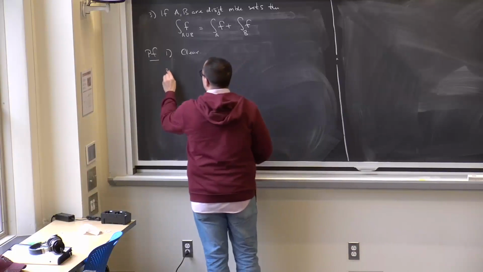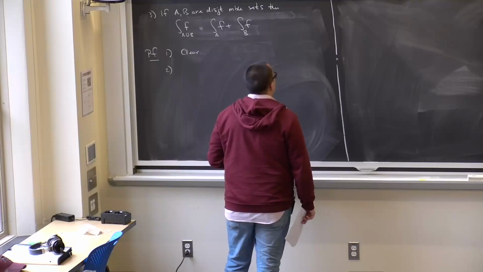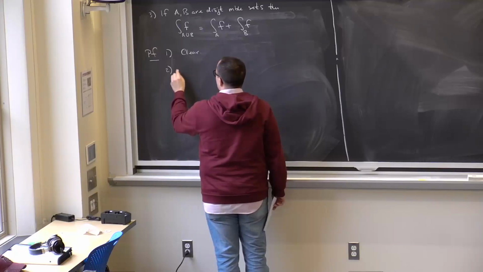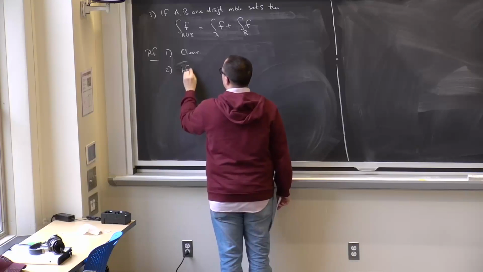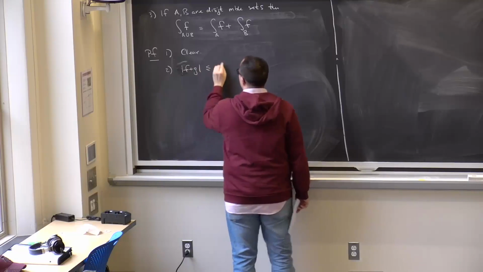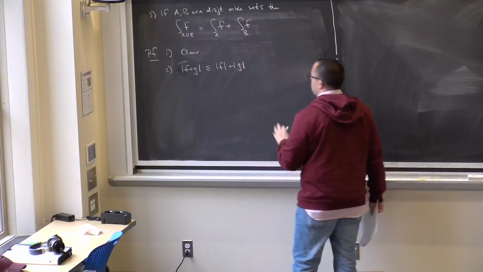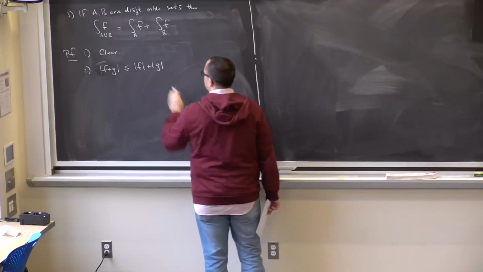So let's move on to something more interesting, for example the fact that the integral is linear in f and g. Note that by the triangle inequality, the absolute value of f plus g is less than or equal to the absolute value of f plus the absolute value of g.